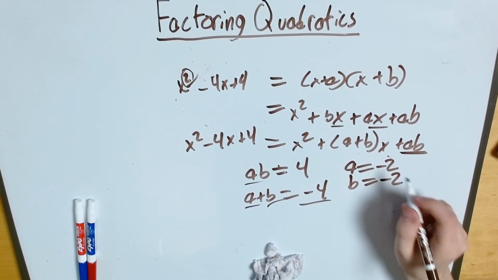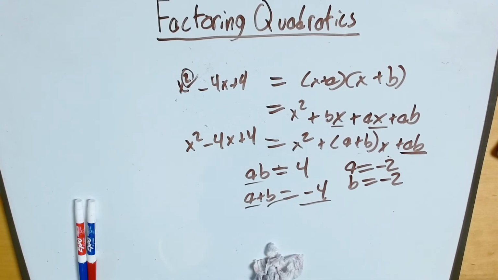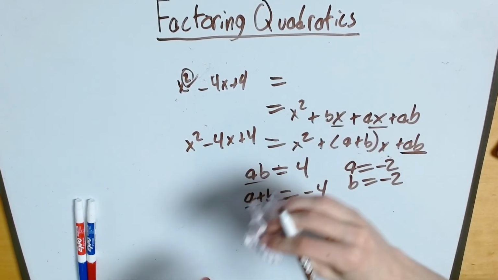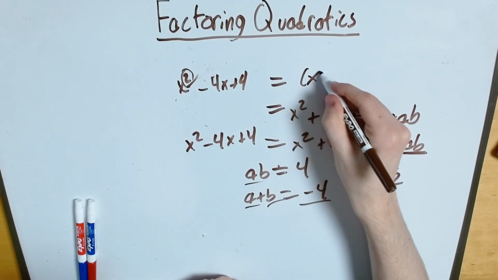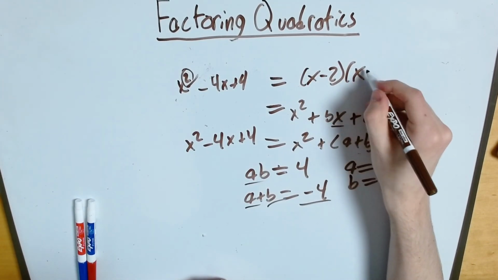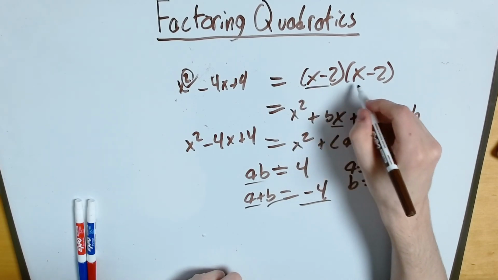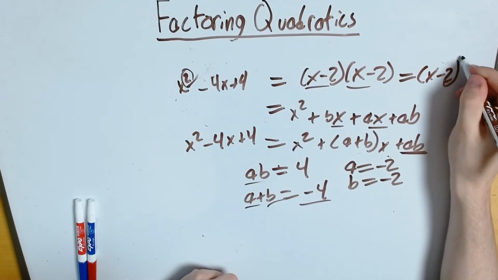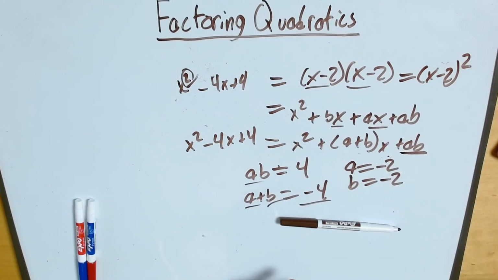Well, actually, that works. -2 plus -2 is indeed -4. So I have my answer. I have x minus 2 times x minus 2. Since these are actually the same thing, we can just rewrite this as x minus 2 squared. And that is our fully factored answer.